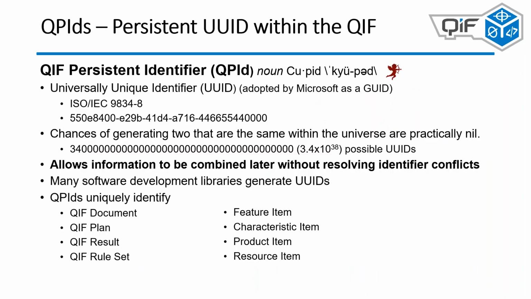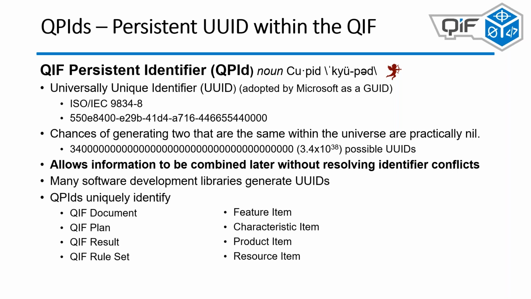So one extra slide on why QPIDs, or the persistent UUID within QIF, is so important, and a description of what it is. We fondly call it a QPID, but really it is just a universally unique ID. It follows an ISO standard.